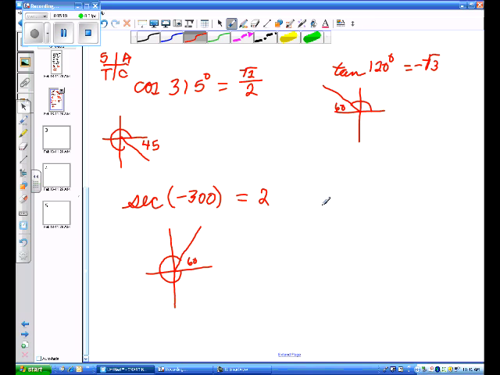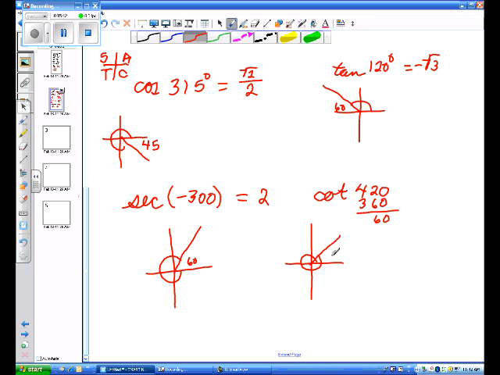And if we wanted the cotangent of 420 degrees, well, first of all, let's see what our coterminal angle is. So we'll subtract 360, and our coterminal angle is 60 degrees. So we went all the way around, and then we went 60 degrees more.